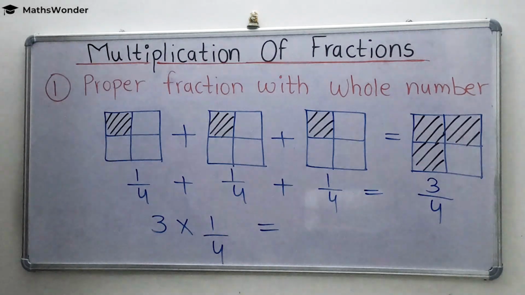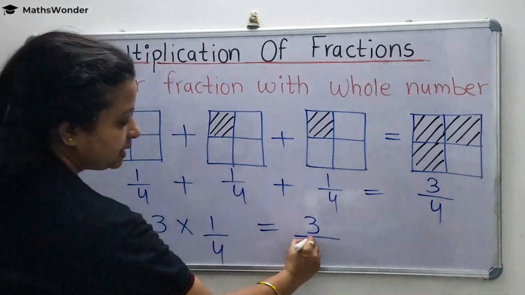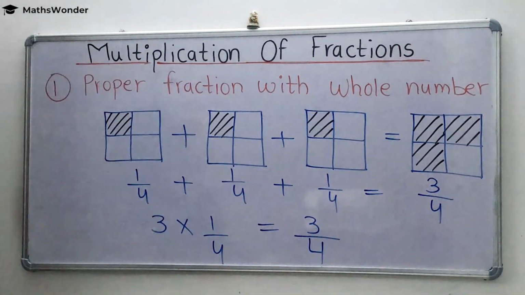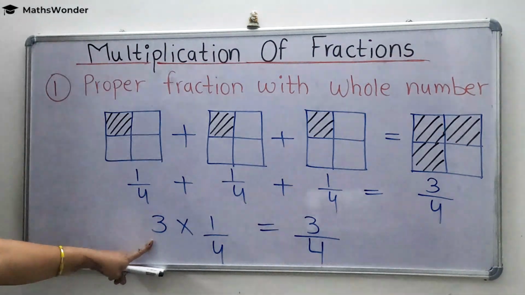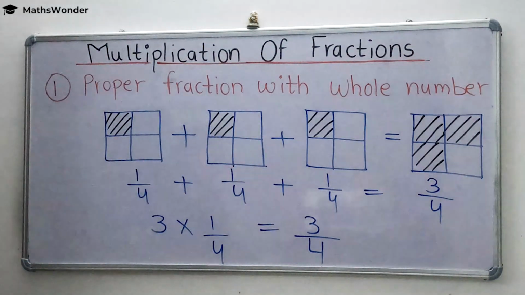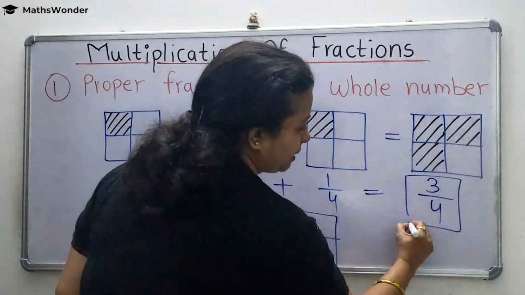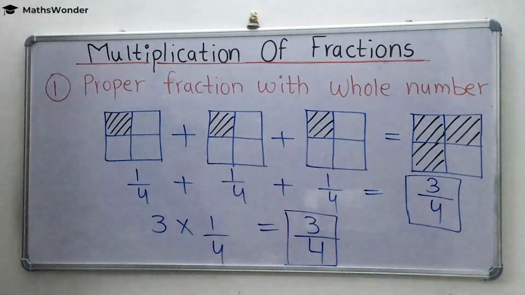Multiplication of fractions: multiply the numerators of all the fractions over the multiplication of the denominators of all the fractions. So your final answer is 3/4 if you use the formula. If you use this method, your answer becomes the same. 3/4 with this method, 3/4 with this method. See, this is the beauty of the method.